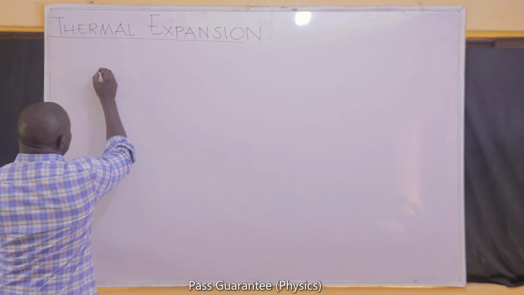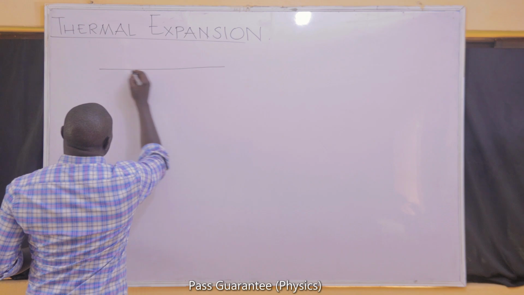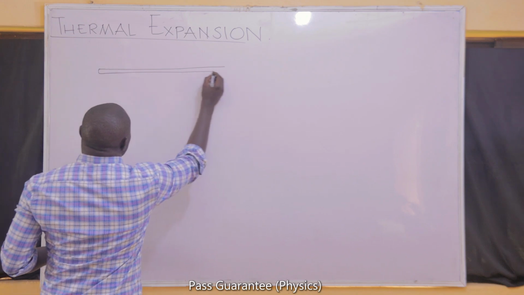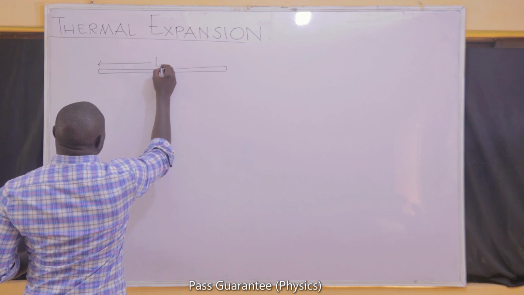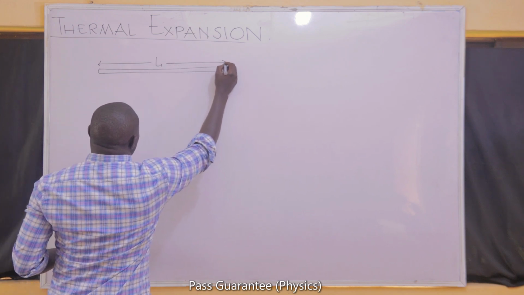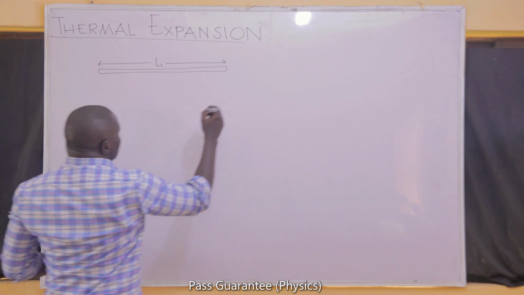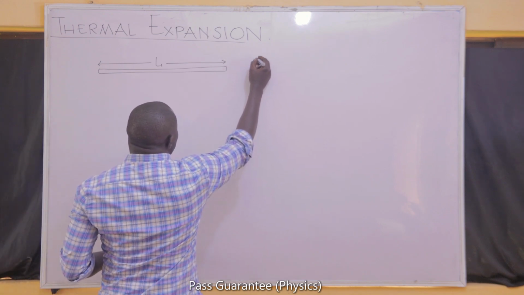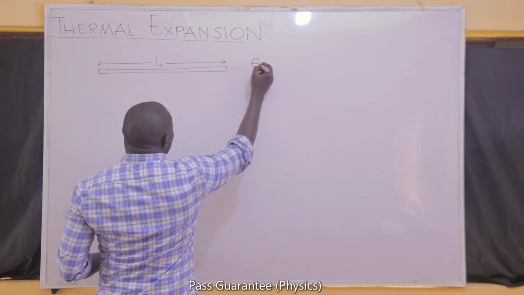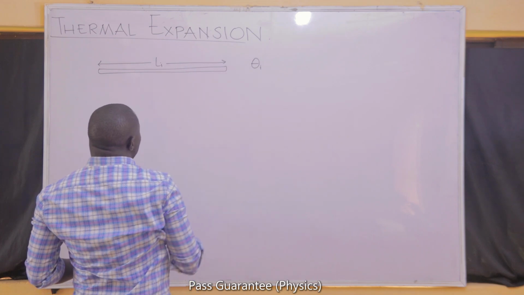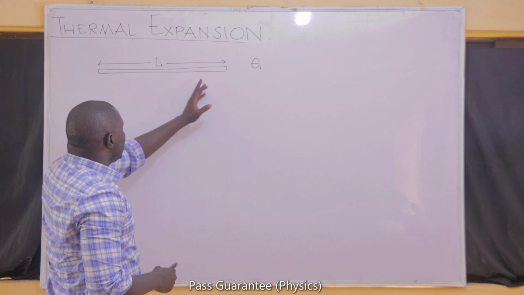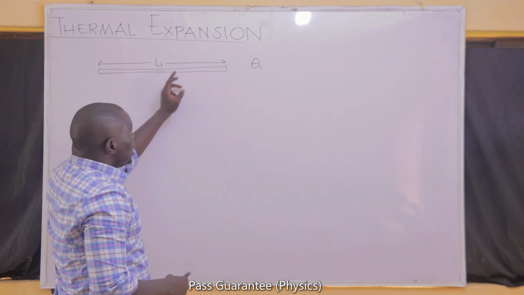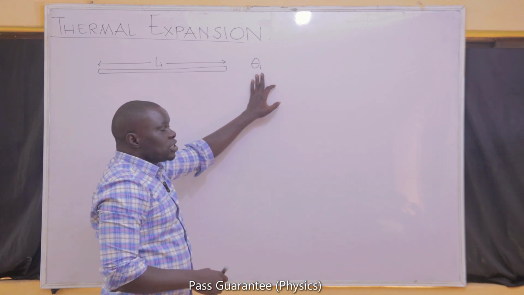If we have a material whose length is given as Li, of course, that material will also be expected to be at a temperature. If the material has a length Li, signifying the initial length, it will be at a particular temperature.